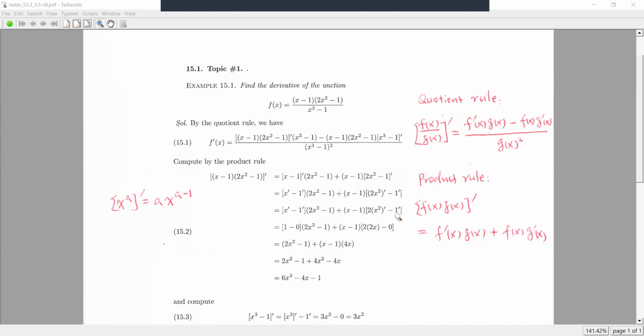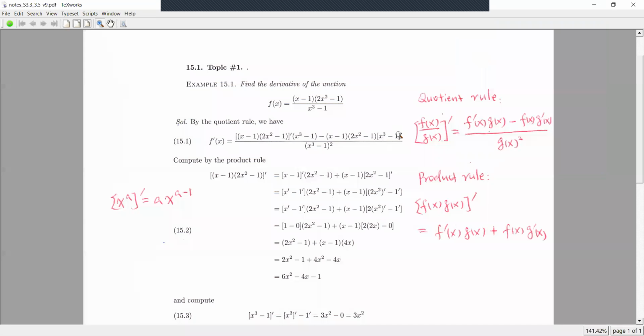Derivative of 1 is 0, so we have this equation. Simplify this expression, we get this equation. Distribute 4x to x and to 1, we get this equation. Combine the first term and the third term, then we have this equation. So derivative of this product is this polynomial.